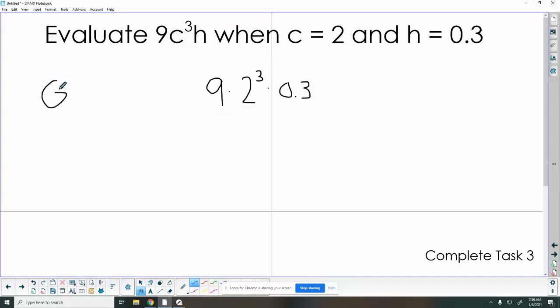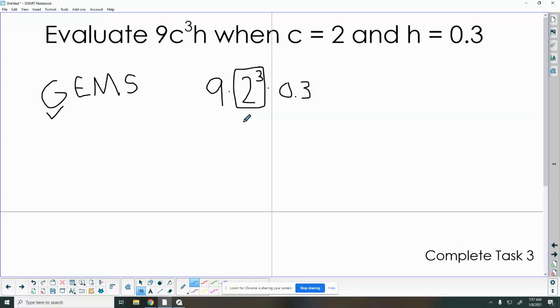So we need to follow our gems here. So every time you do a problem, write this down and go through it. So we don't have any groups, no parentheses. We do have an exponent here. It's helpful to write down, what does this mean? This is not 2 times 3. So see if you can write down what 2 to the third looks like.